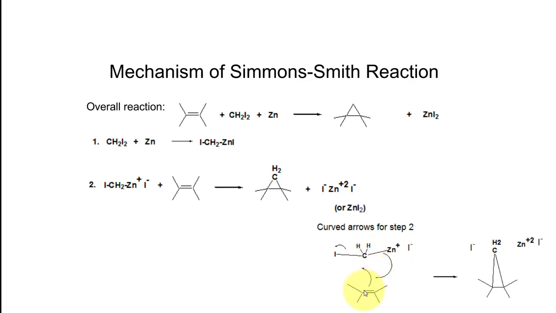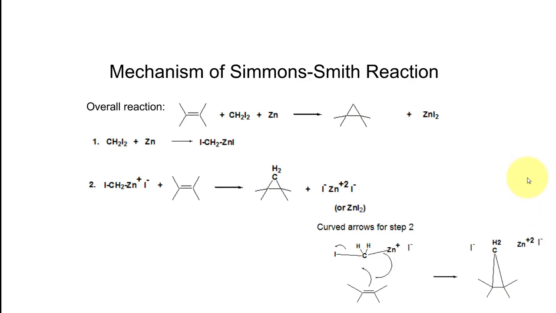At the same time, this double bond from the alkene moves in here to form a new bond between that carbon and the other carbon of the alkene. And at the same time, this pair of electrons between the carbon and the iodine gets kicked out. And so you end up with I minus, you end up with two new bonds to the carbon, and you end up with the other zinc, or the other iodide and the zinc left over.